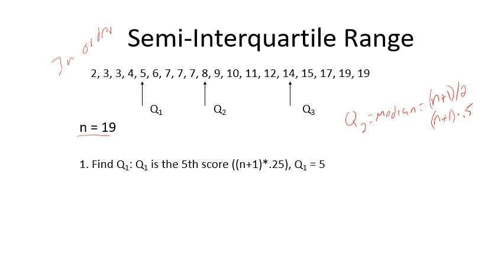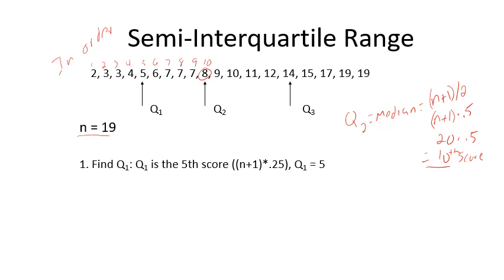So if we take n plus 1, we get 19 plus 1, we have 20, times 0.5, we get the 10th value. So the quartile 2, the median, is not 10, it's the 10th score. So we start up here, 1, 2, 3, 4, 5, 6, 7, 8, 9, 10th score. We get our quartile 2, we have our median. That is, again, how you'd calculate the median.